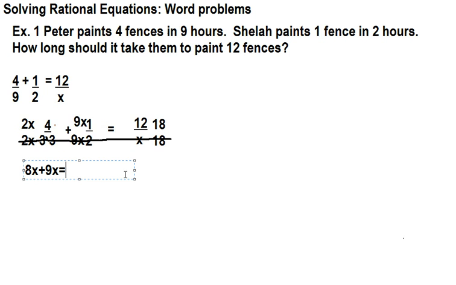Equals 12 times 18. Oh boy. That's 10 times 10 is 100, 20, 80, 200, 216. Okay, so that's 216. So I get 8x plus 9x equals 216. And so I'm just going to simplify that. 8 and 9 is 17. So I get 17x equals 216.